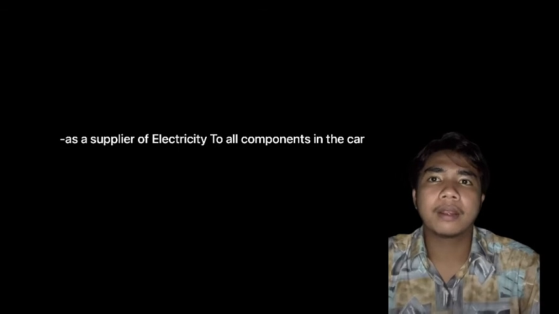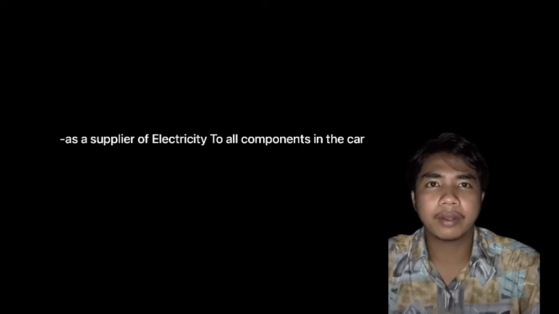It is the alternator that functions as the supplier of electricity to all components in the car. Here, the alternator can function as long as the motor vehicle engine is on, so the alternator can only function when the engine is turned on.